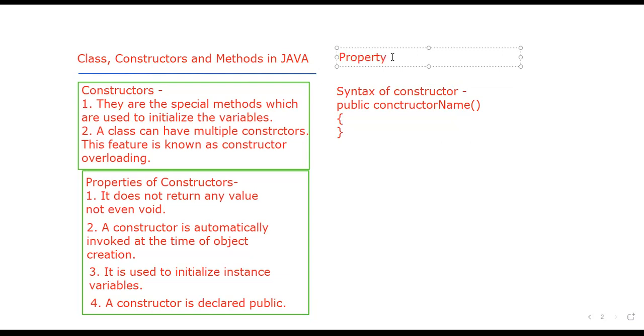The 5th property is, actually it should be in the beginning only, but it can be of any order. The sequence and orders are not very important. The constructor should have the same name as of class.